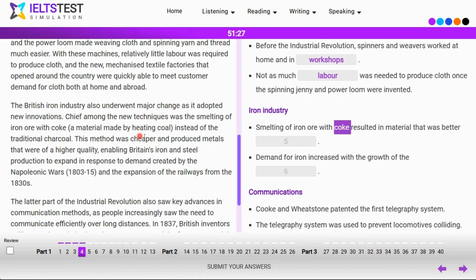Okay, this method was cheaper and produced better metals that were of higher quality. Hold on. Smelting iron ore with coke resulted in material that was better quality.